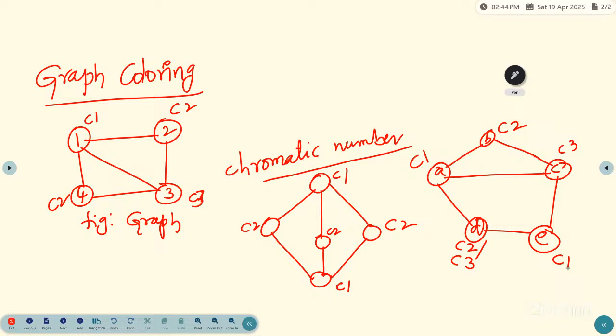And let m, small m, be a given positive integer. Let m be a positive integer.